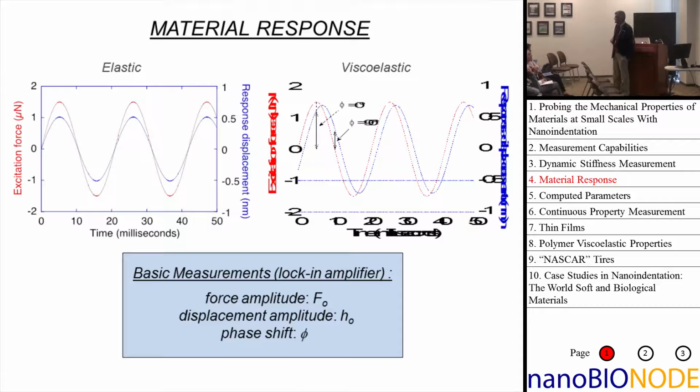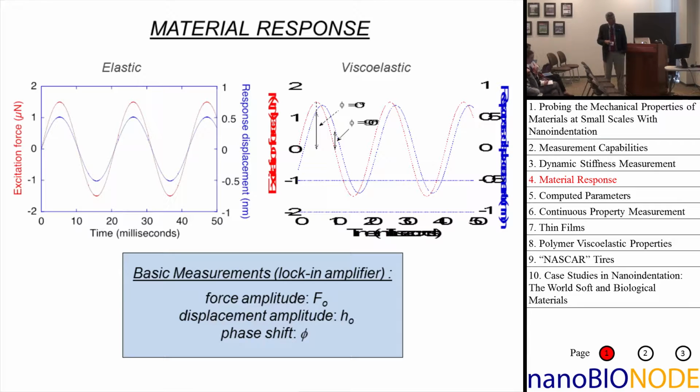And you use a device called a Lock-in Amplifier, which was developed specifically to measure these things. In the Lock-in amplifiers that we use, the force oscillation is prescribed by the Lock-in amplifier. It then picks up the displacement signal and looks to see what the amplitude and the phase shift of the displacement signal are.